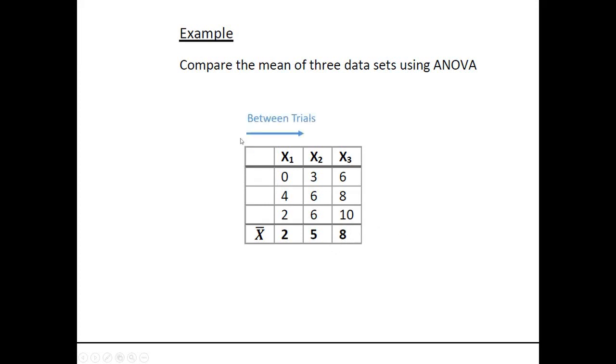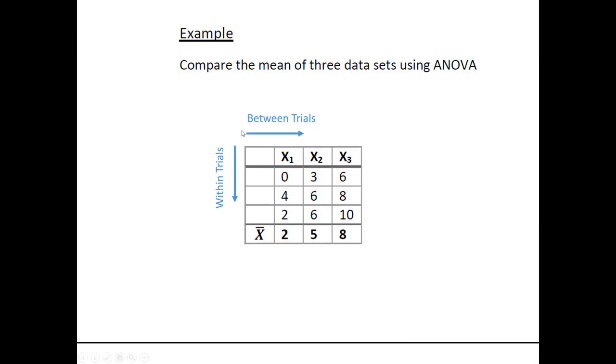When we say between trials, we are looking at different columns. So x1 will be one trial, x2 will be a different trial, and x3 will be another trial. Within each trial, we have multiple measurements: x1 had 3 measurements, and x2 and x3 also had 3 measurements.